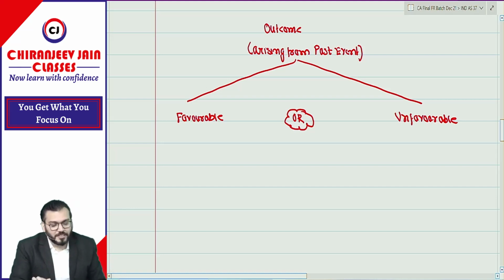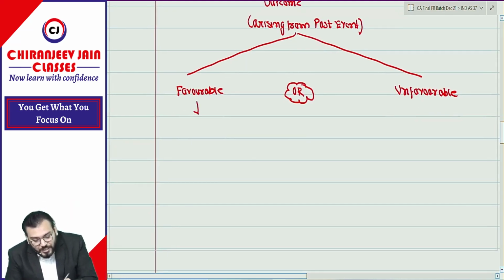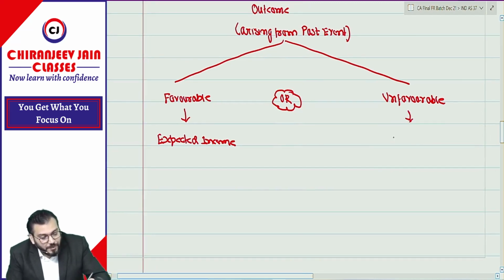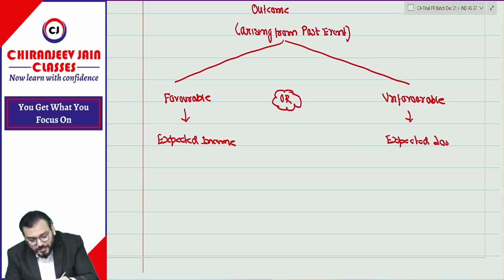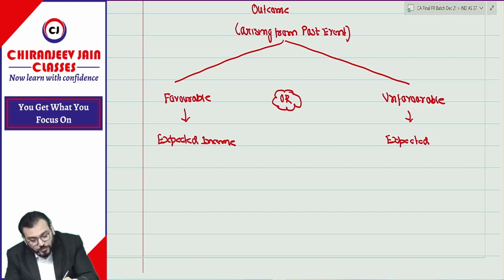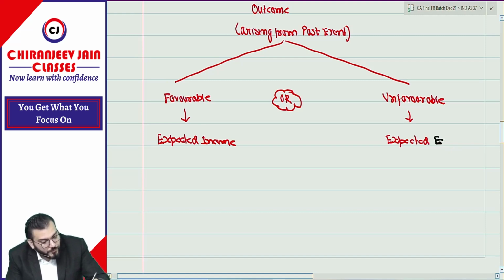Understood whatever I am saying? Yes, sir. Means when I am saying favorable, it means expected income, and when I am saying unfavorable, it means expected losses, or better I write expected expenses, because expenses will include loss.